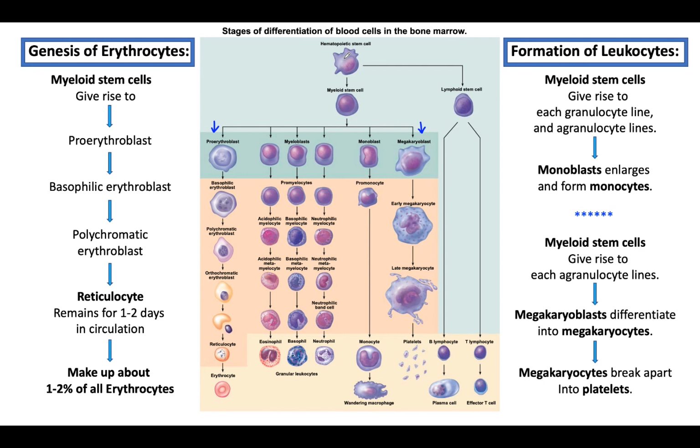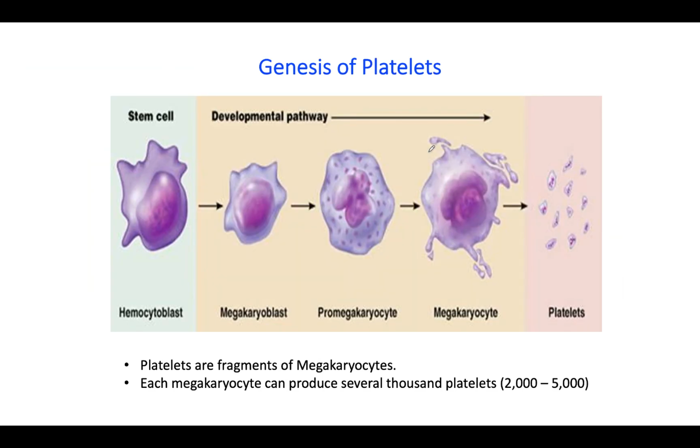This hematopoietic stem cell divides to myeloid stem cell, and myeloid stem cell differentiates into megakaryoblast. Megakaryoblast further divides into promegakaryocyte, and promegakaryocyte differentiates into megakaryocyte.